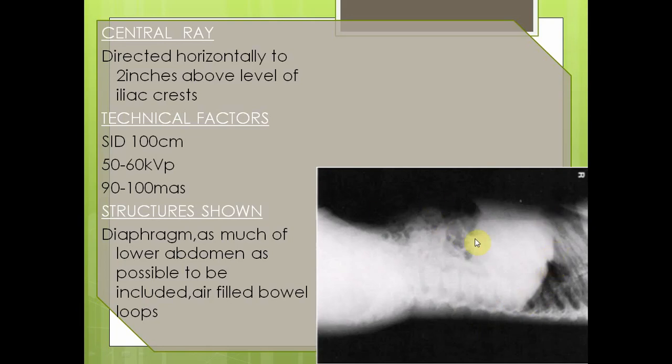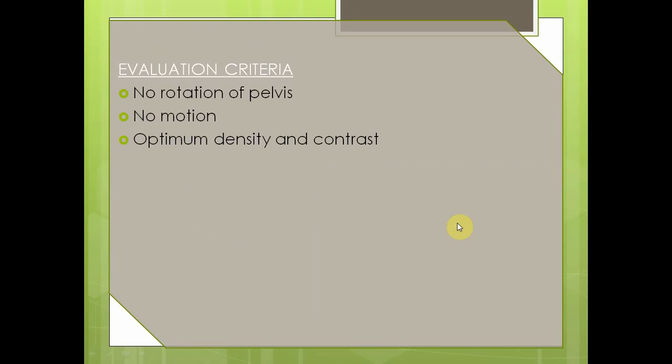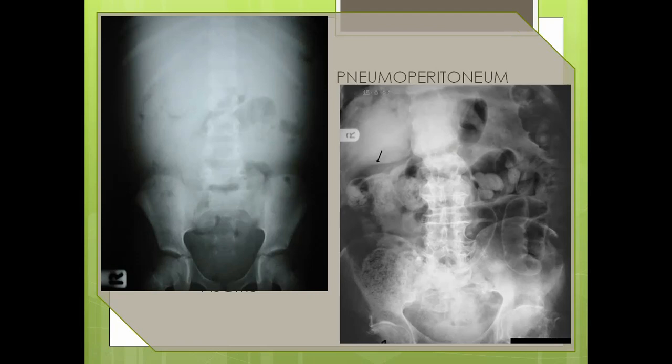As you can see in this image, any gas or leakage, any air, will go and stay at the upper border, meaning the anterior part of the abdomen. That is what we are going to check. No rotation of the pelvis, no motion, and optimum density and contrast should be present when you take this radiography.